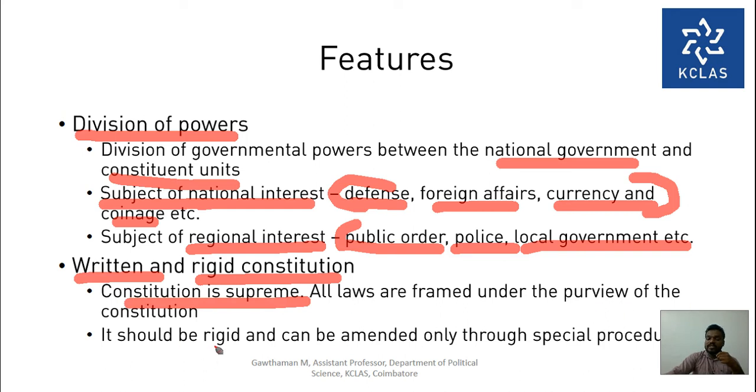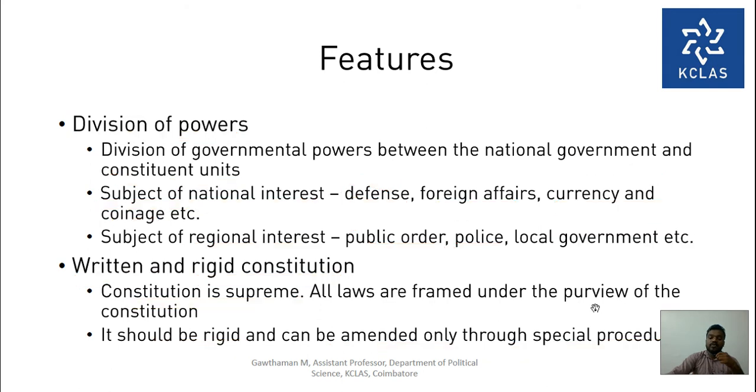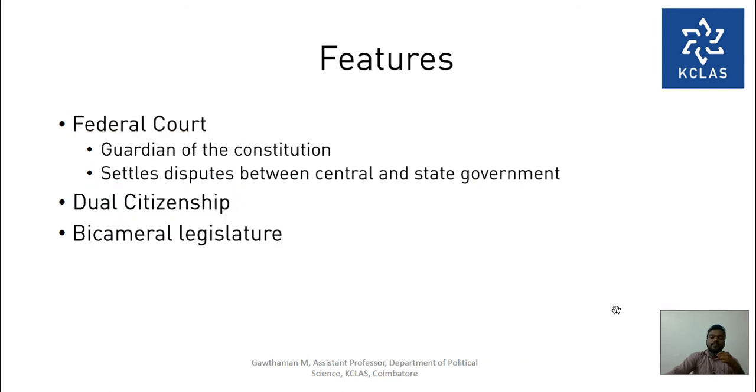It should be rigid and can be amended only through a special procedure. That is a feature of a rigid constitution. Whenever you want to amend the constitution, you have to go through certain special procedures, and those procedures are really difficult to achieve.